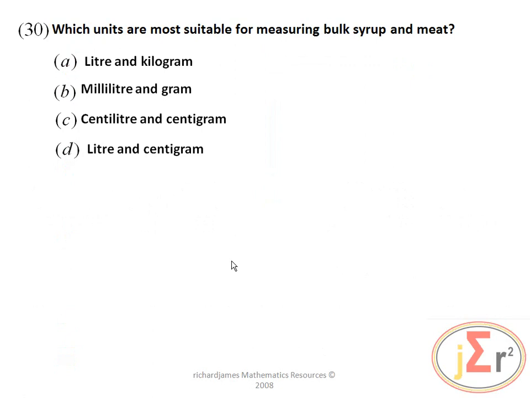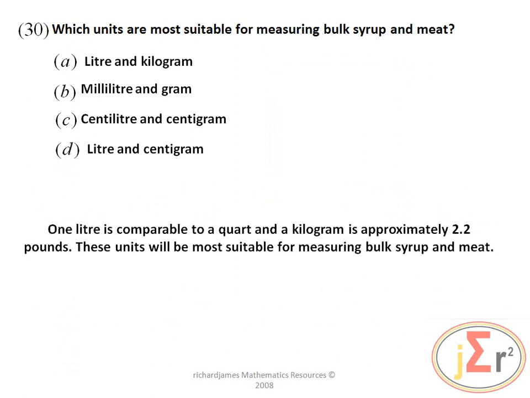Which units are most suitable for measuring bulk syrup and meat? 1 liter is comparable to a quart, and a kilogram is approximately 2.2 pounds. These units will be the most suitable for measuring bulk syrup and meat.